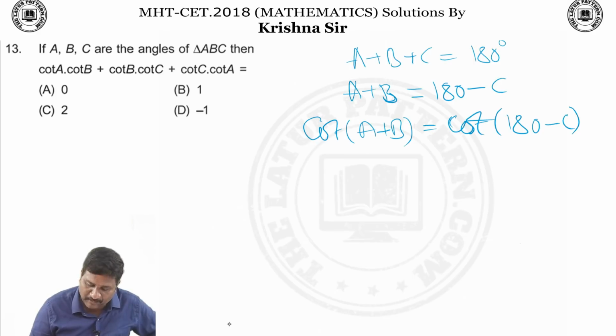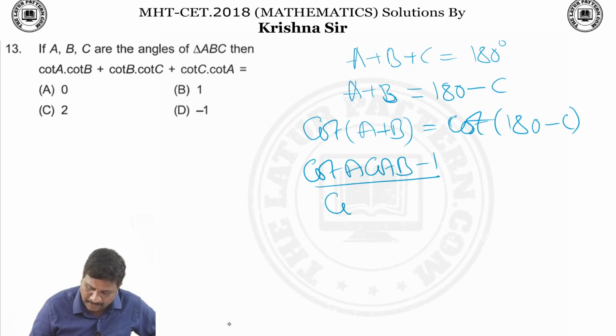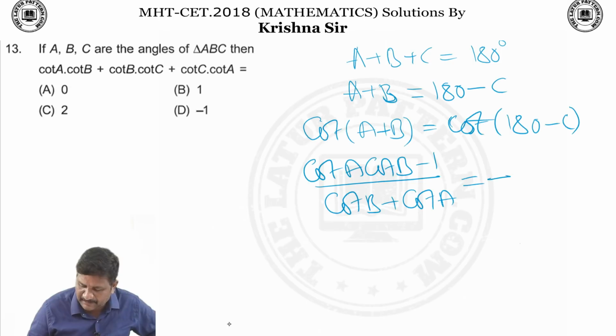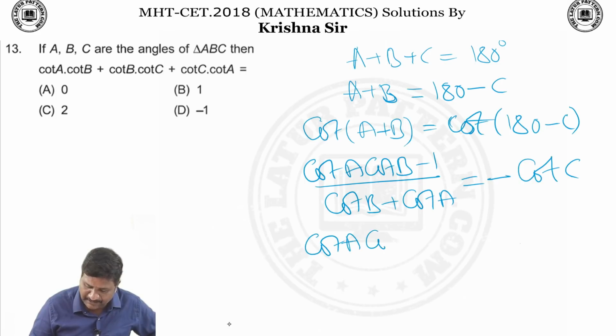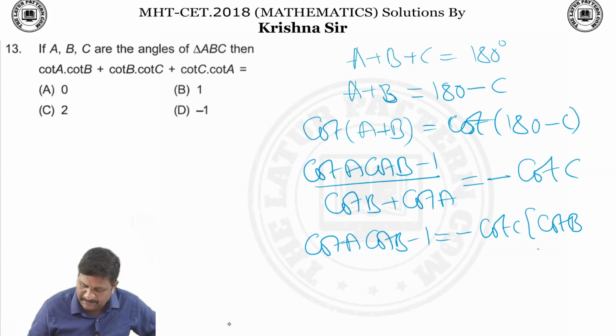The cot (A plus B) formula is (cot A cot B minus 1) upon (cot B plus cot A), and cot of (180 minus C) becomes minus cot C. So cot A into cot B minus 1, by cross multiplication, equals minus cot C multiplied by (cot B plus cot A).